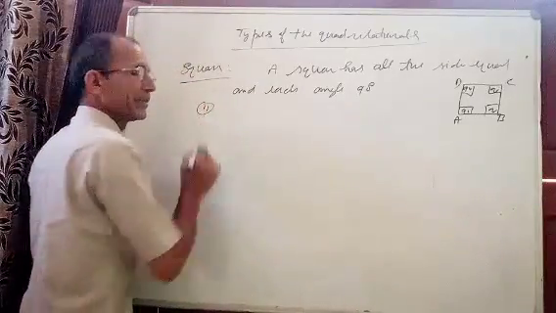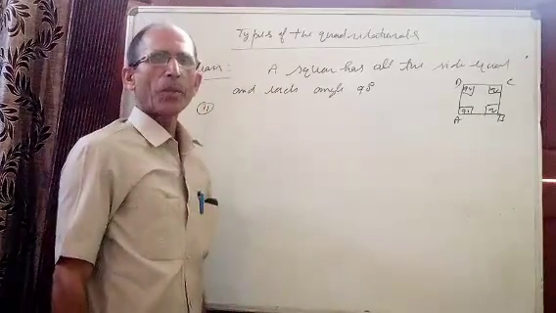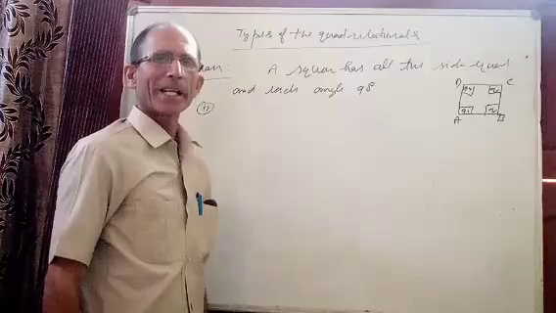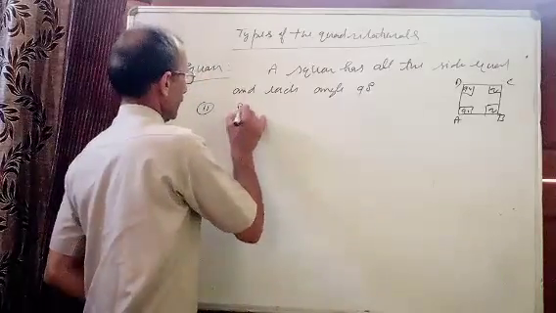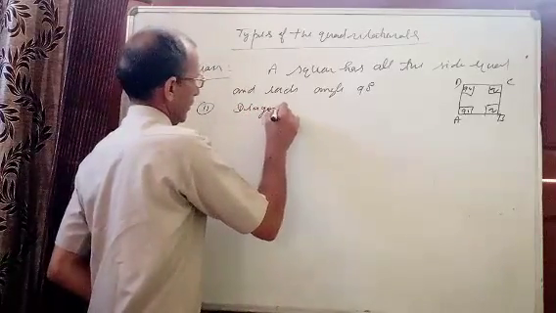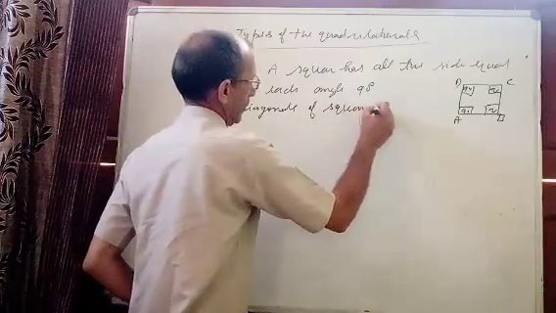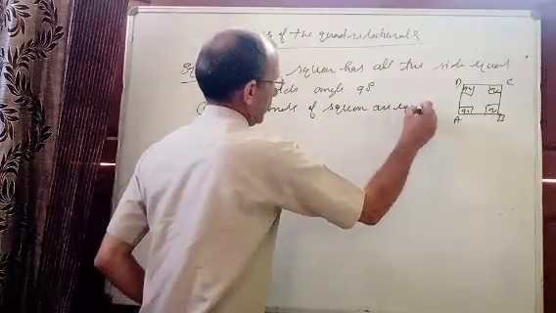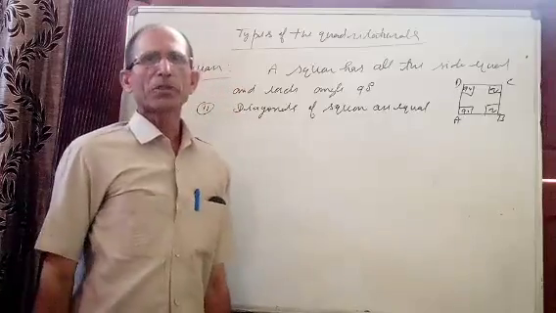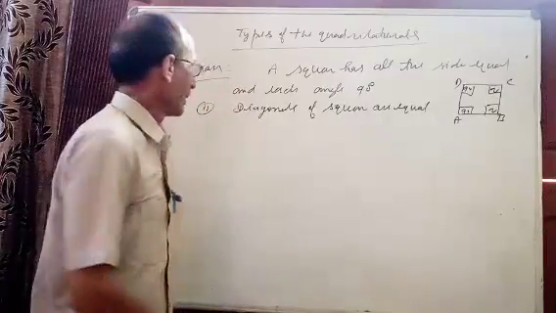Second property: diagonals of a square are equal.